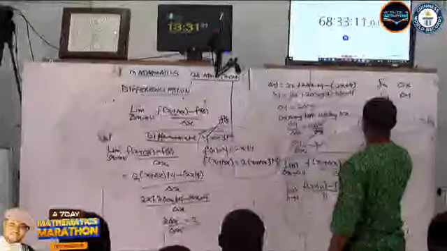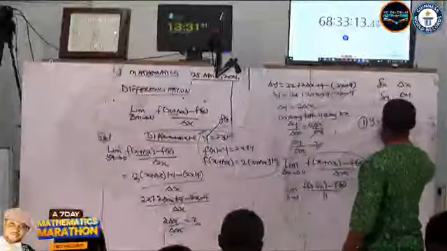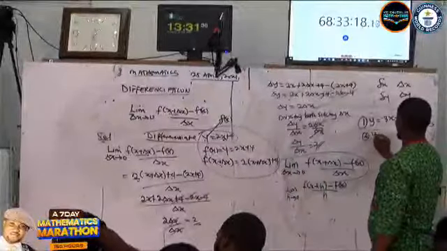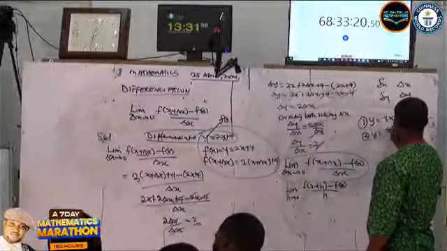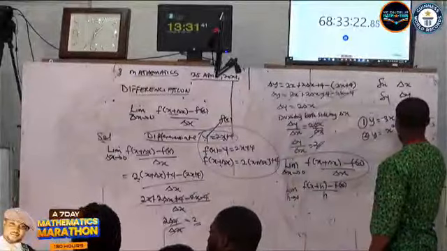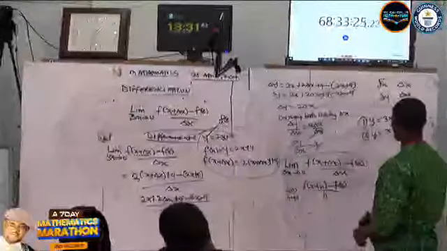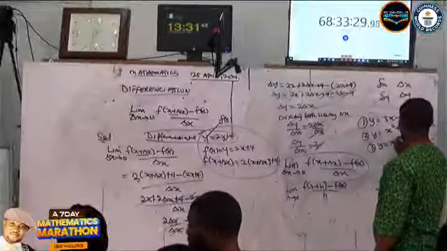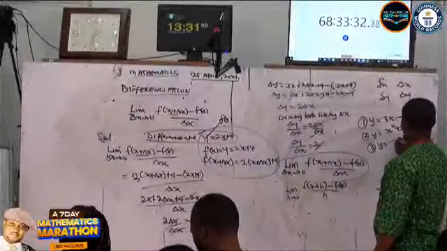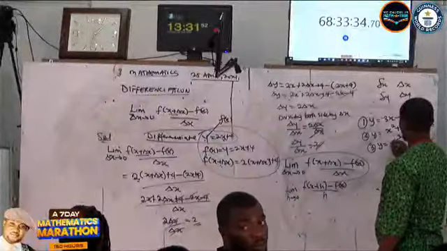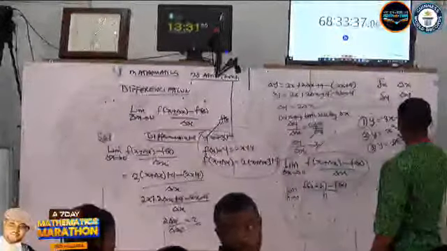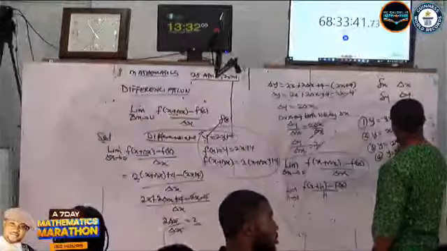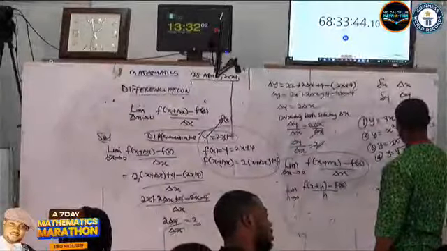You have y equals 3x minus 4; y equals x squared plus 2x minus 5; number 3, y equals 2x cubed plus 4x squared; number 4, y equals the square root of x plus 3.